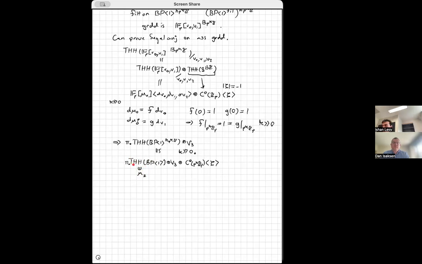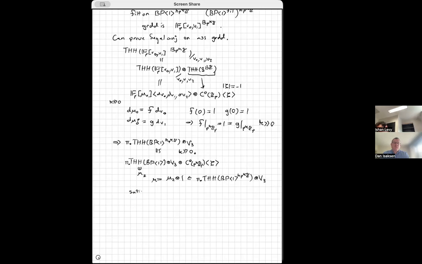And it has the property that it's in the image of the transfer. So I want to claim that if you just consider the element mu2 tensor 1 inside of pi star of THH of this thing, which I'll call mu, this also satisfies the properties that we need to prove this canonical vanishing when k is sufficiently large.